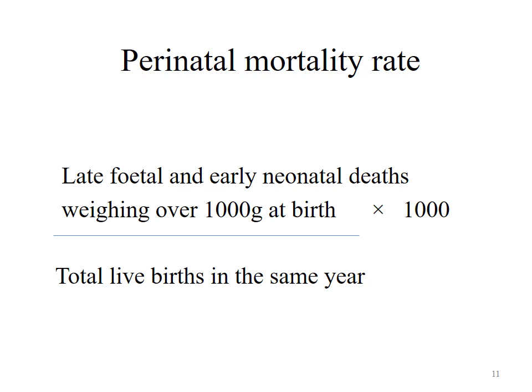Now in some developed countries, the perinatal mortality is calculated like what we did for stillbirth rate. But in most places, perinatal deaths multiplied by 1000 divided by live births is the formula we use. In some developed countries where the reporting is very good, where they get good data about stillbirths, perinatal mortality rate is equal to perinatal deaths multiplied by 1000 divided by live births plus perinatal deaths.